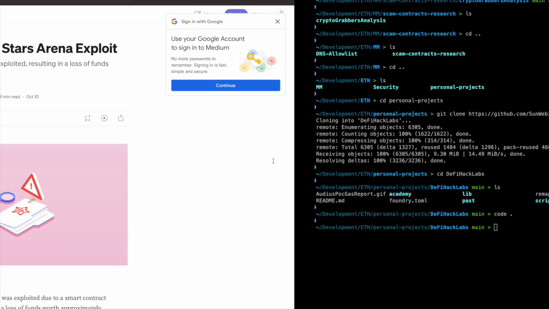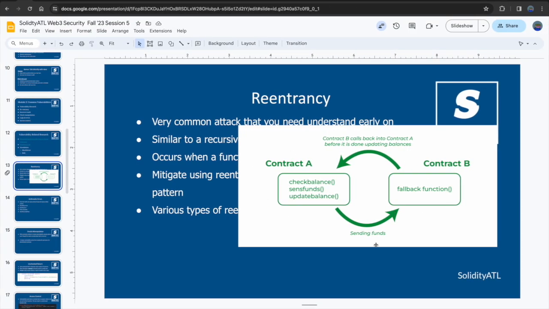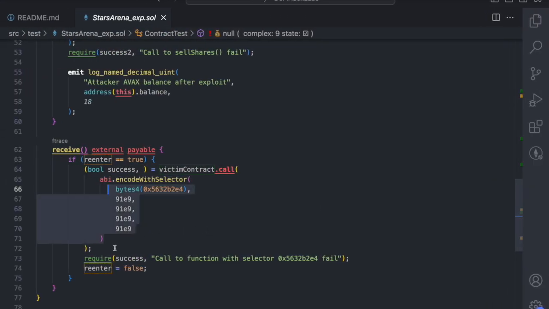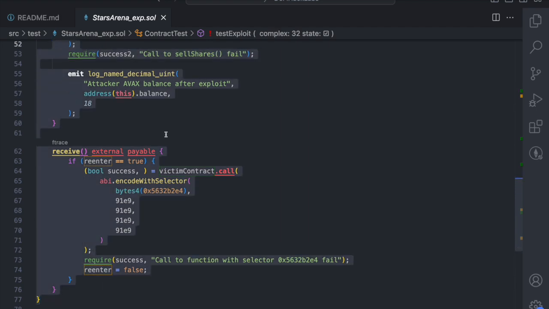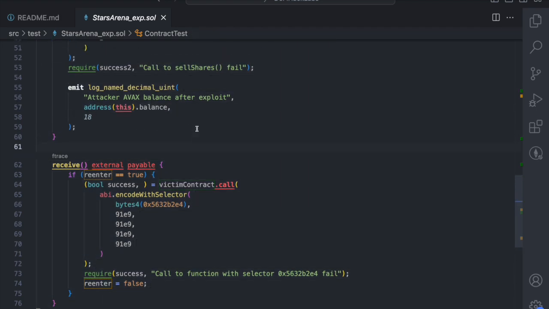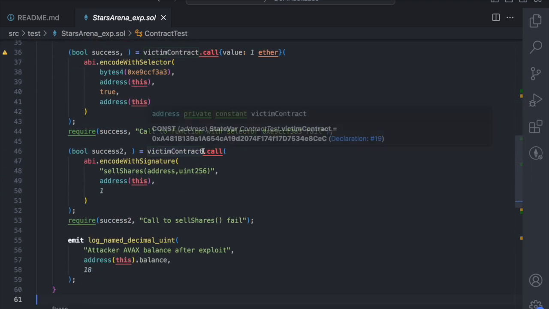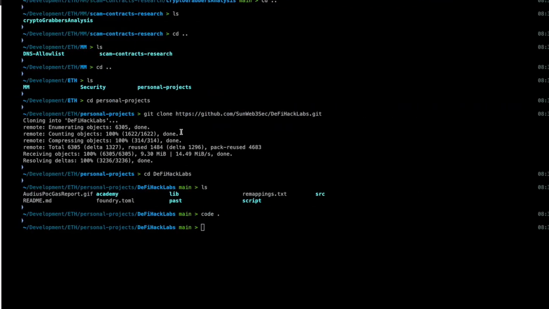So that is essentially a re-entrancy attack outline, and we can see this same structure being followed. So this is a great example for if you don't have the source code, but you have the on-chain interactions, which allow you to see what essentially happened in this attack.